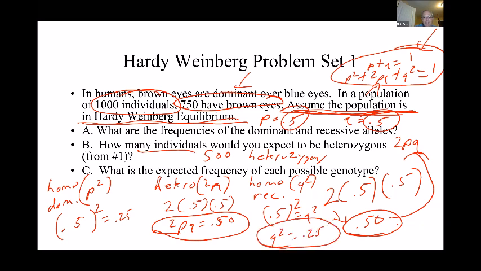So again, I would write this out in a sentence. And I would say the frequency of the homozygous dominant genotype is 0.25. The frequency of the heterozygous genotype is 0.5. And the frequency of the homozygous recessive genotype is 0.25.